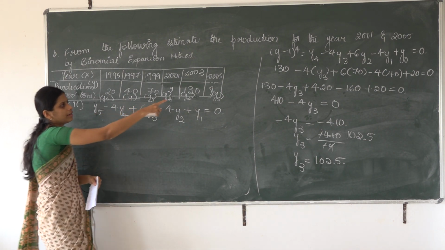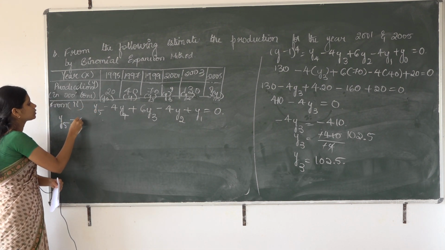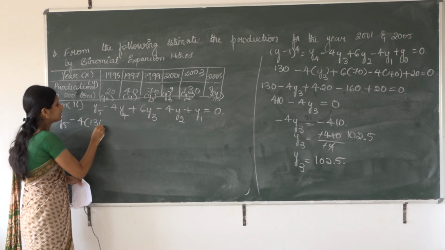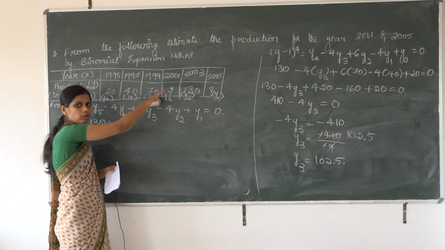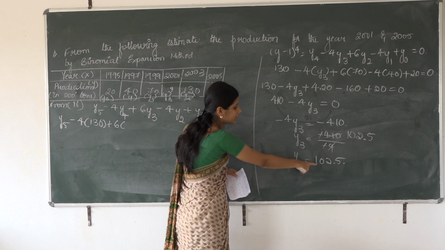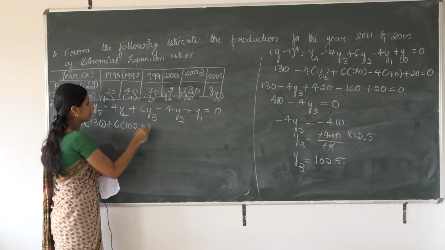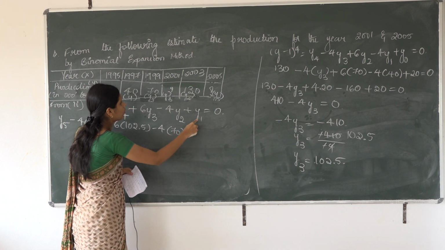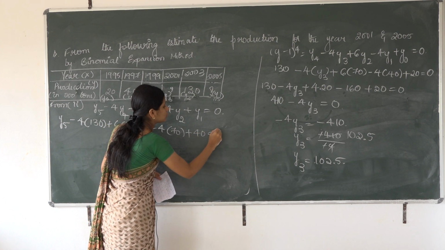y5 value is unknown. So write as it is, y5 minus 4 into y4 value. y4 value is 130 plus 6 into y3 value. y3 value was unknown, but just now we have calculated the value of y3. y3 is 102.5. So 102.5 minus 4 into y2 value is 70 plus y1 value is 40 is equal to 0.